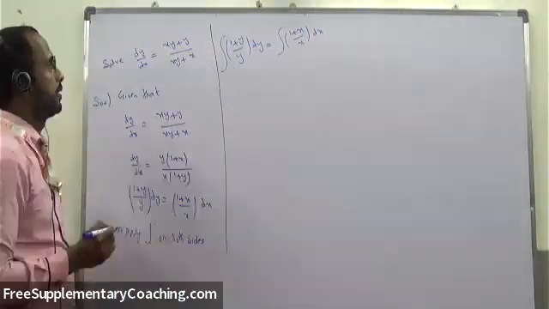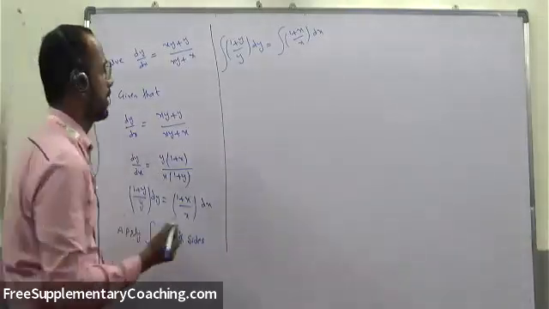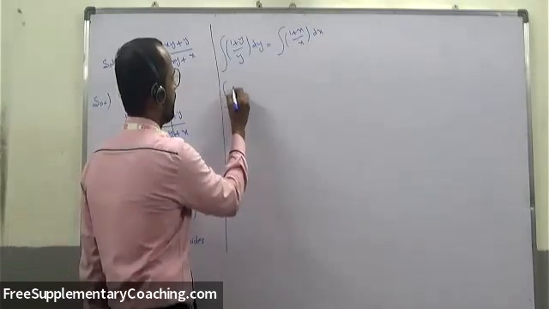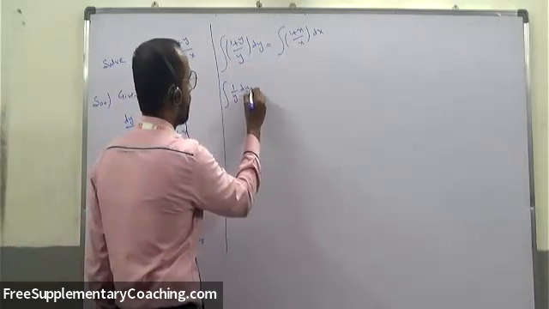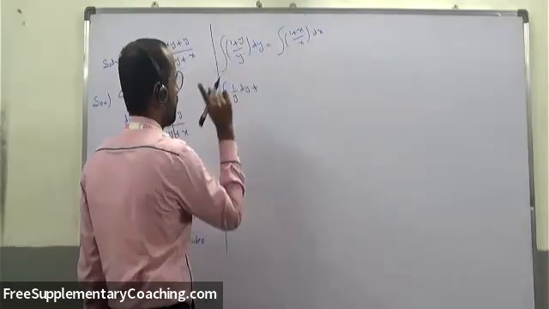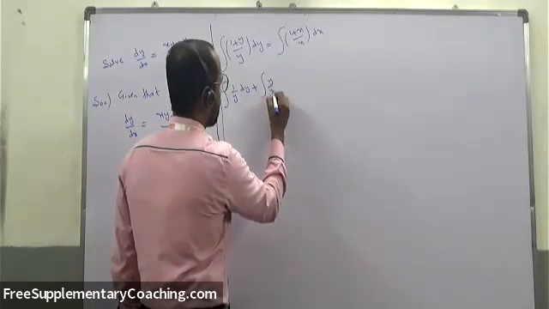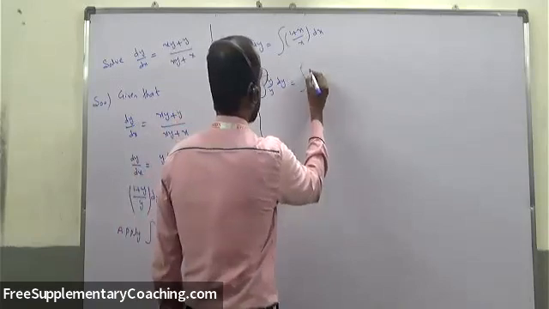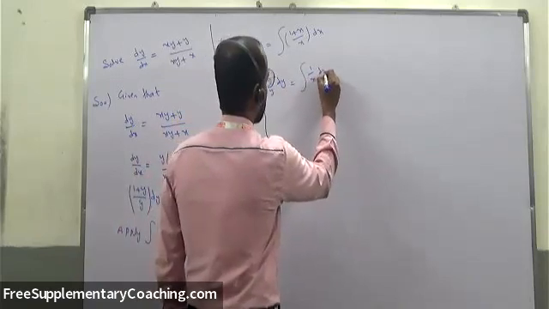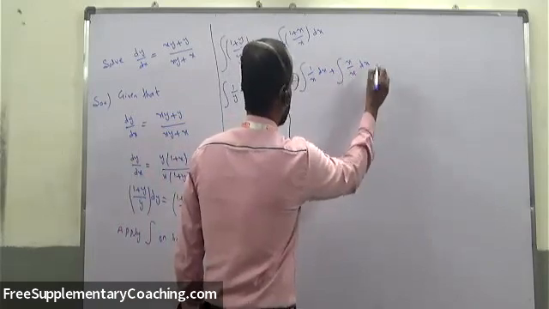Okay, now separate the terms with respect to the numerator. So I can write integration of 1 by y into dy plus y by y, which is 1. So it is integration of y by y into dy is equal to integration of 1 by x into dx plus integration of x by x into dx.